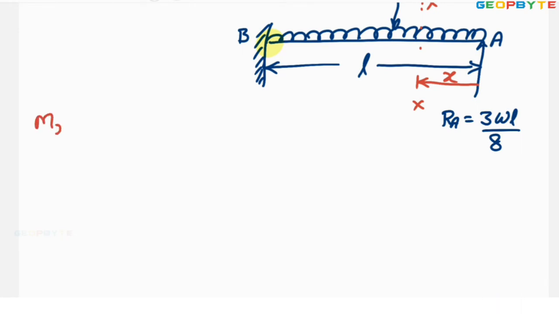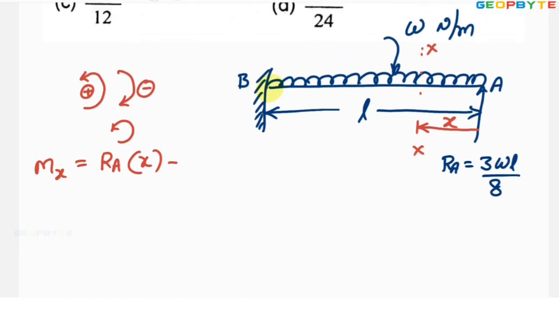Bending moment at that section, Mx, equal to, let us take anti-clockwise moments are positive, clockwise moments are negative. Reverse also you can take it. Then bending moment at a distance of x from A is RA into x minus the W developing with respect to x. The W developing clockwise moment is taken as negative. UDL multiplied by UDL distance gives the point load.